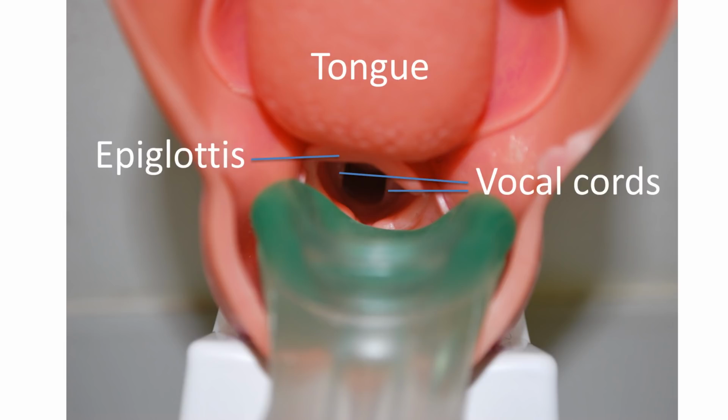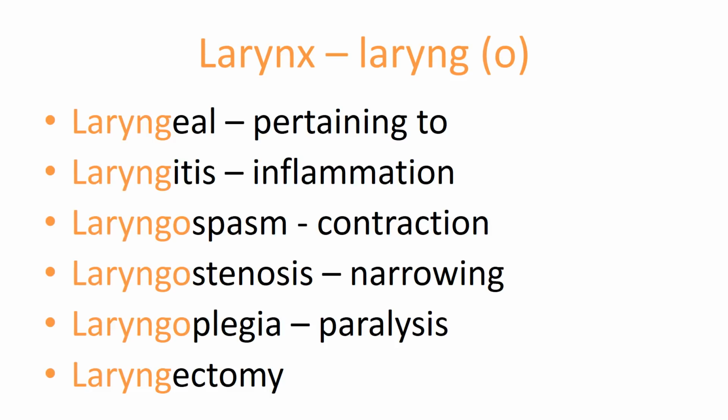The epiglottis covers the glottis, and the glottis is the hole or the aperture at the top of the airway. So let's think now about the terminology related to the larynx.